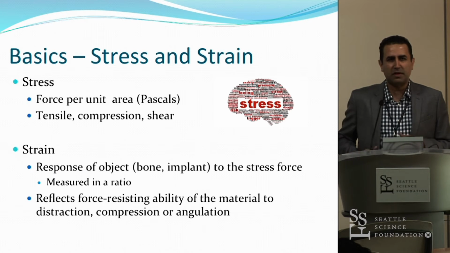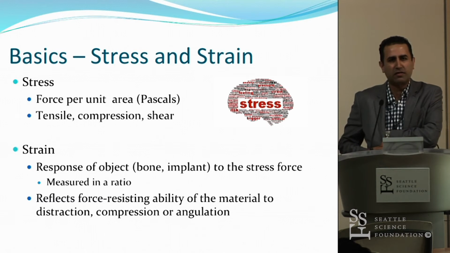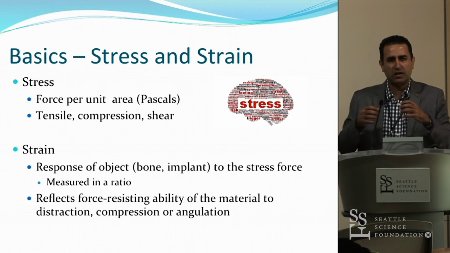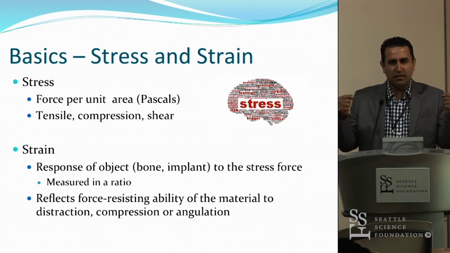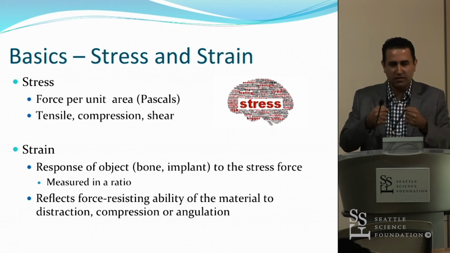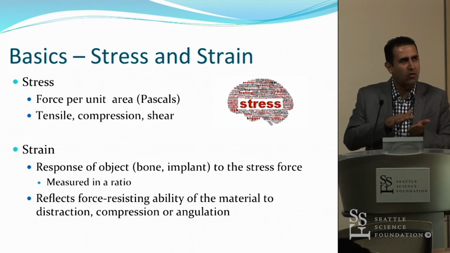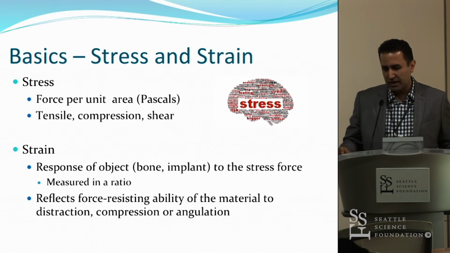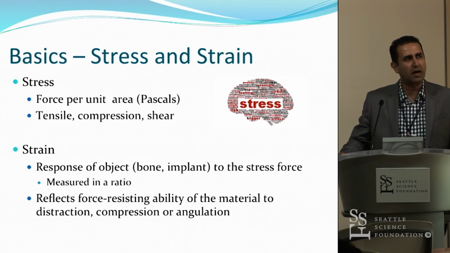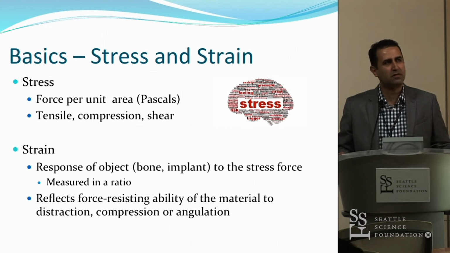And that force can be tensile, it can be compressive. In other words, the force can be distracting, it can be compressive, or it can be angular or shear. And shear is the most difficult one, I guess, to grasp because it's complicated.